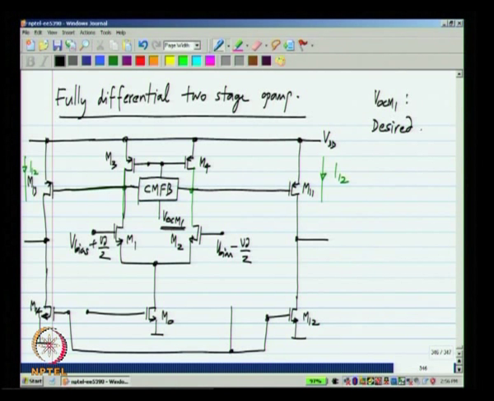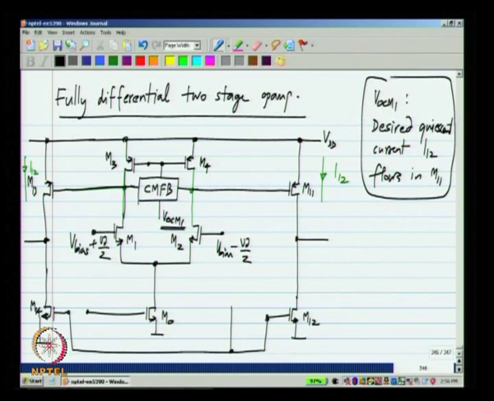the desired quiescent current I12 flows in M11. Okay. And how do we produce that VOCM 1? So, let us say we make a replica of M11. Let us say M11 has a certain width by certain length.